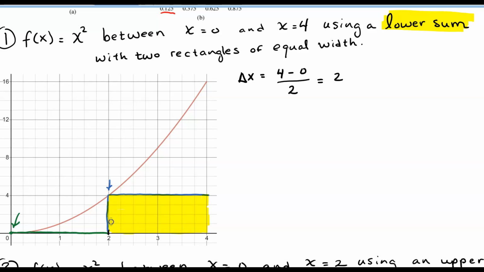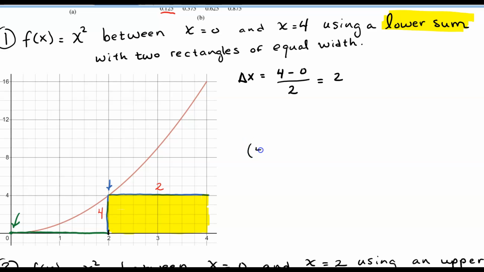All right, now let's think about this for a second. If you're doing a simple geometry problem, all right, the height here is 4 units. All right, and the width here, I know it looks a lot bigger, but the steps are different. The width here is 2 units. So if you multiply 4 times 2, you get an area of 8 units.